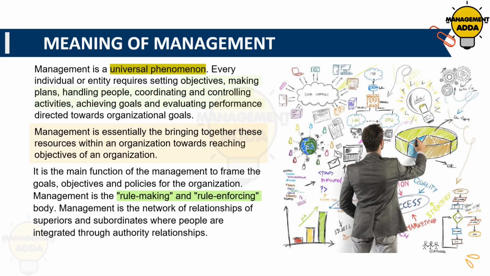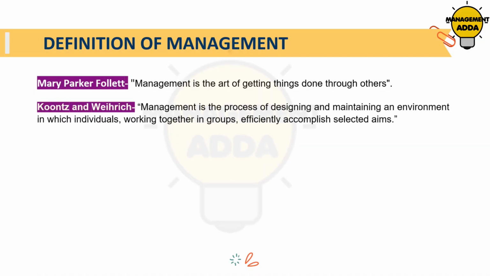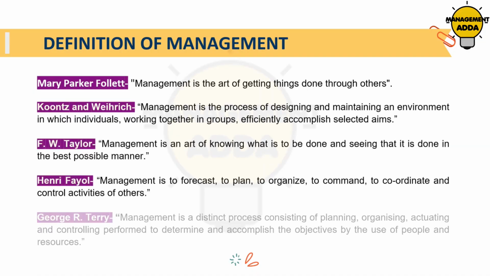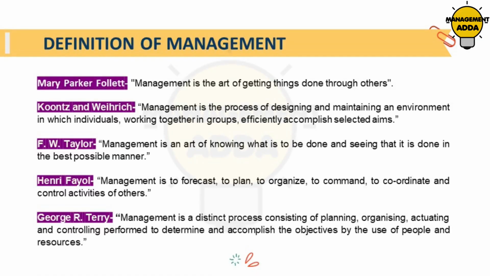Now let us see some definitions given by authors for management. According to Mary Parker, management is about getting work done through other people. Of course, in an organization we have seen a number of employees working together to achieve certain goals, certain tasks.